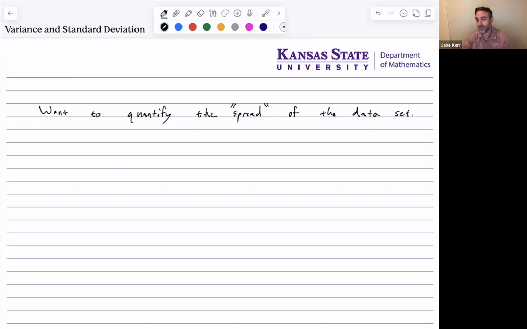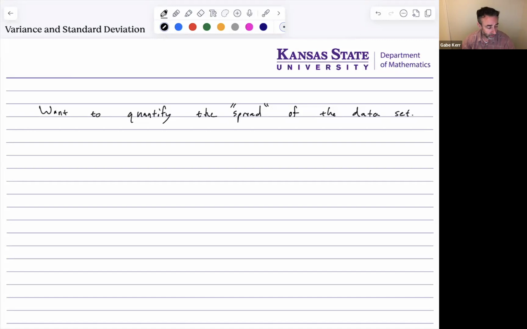We'd like to assign a number that tells us whether the data is really spread out or not. And the answer is, to some extent, yes. It has to do with these two notions of variance and standard deviation. It also has a little bit to do with range.